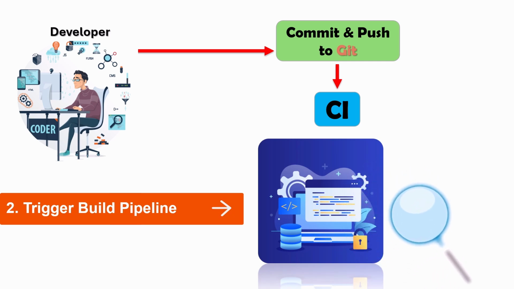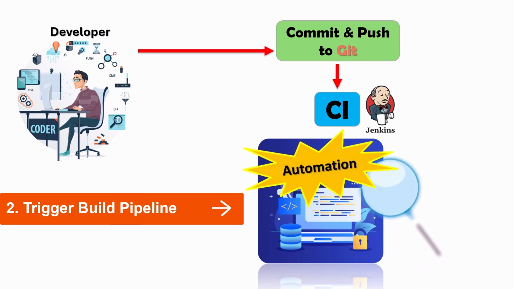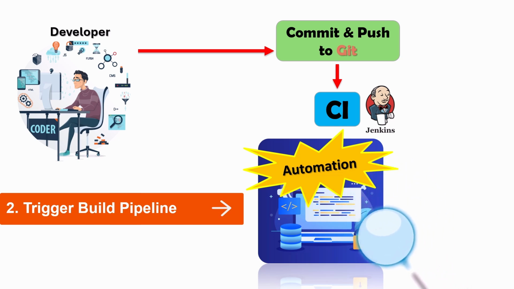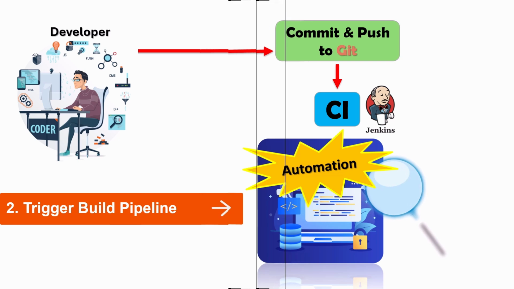This is automation. Jenkins constantly monitors the repository. Whenever new changes appear, Jenkins immediately begins executing the pipeline. You can think of Jenkins like an extremely disciplined employee who never forgets to perform routine tasks. Instead of relying on developers to remember every step, Jenkins performs them automatically every single time.